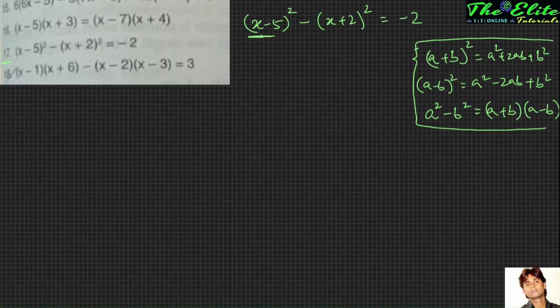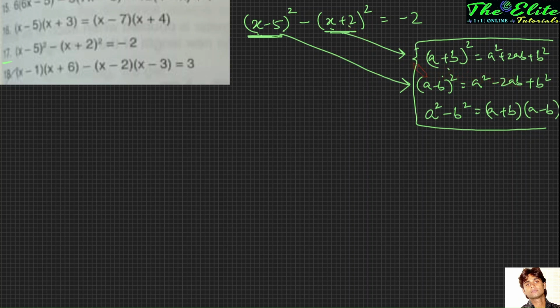Now here we can expand it using this identity, because here we can consider x as a and 5 as b, and this can be expanded using these identities. Consider x as your a and 2 as your b.